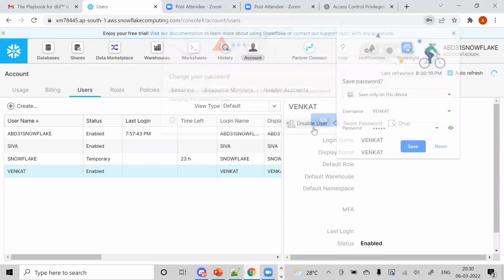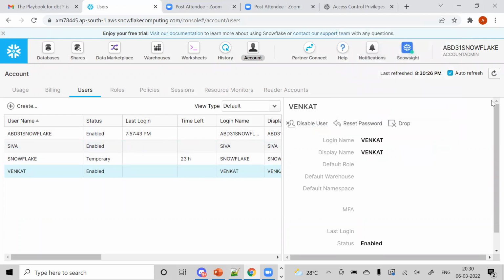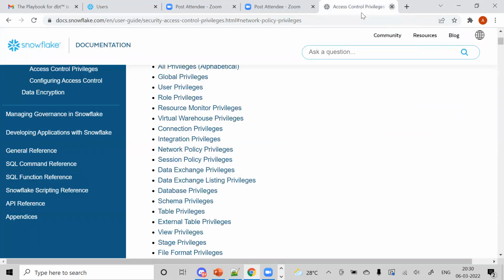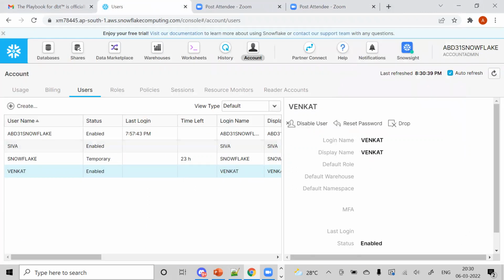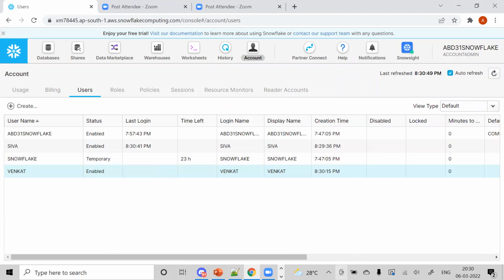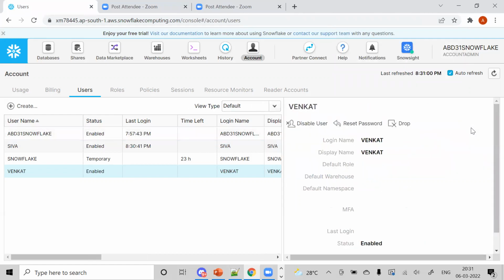So can you guys quickly tell me if you are able to log in? Yeah.